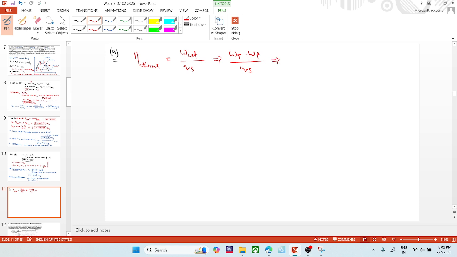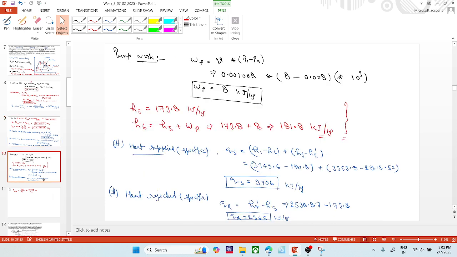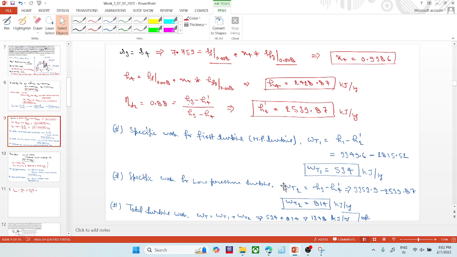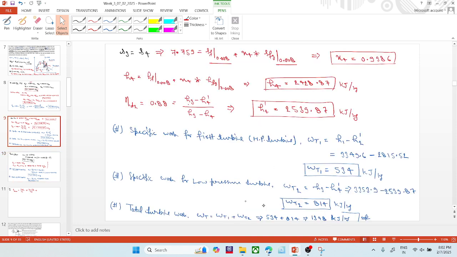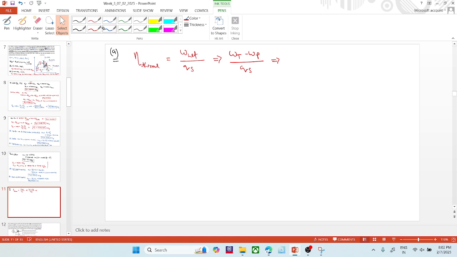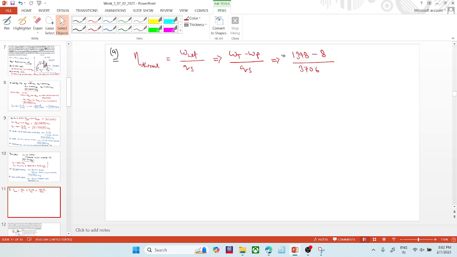We have determined these things: turbine work was 1348, pump work was 8, and the heat supplied is 3706, as we have determined here.